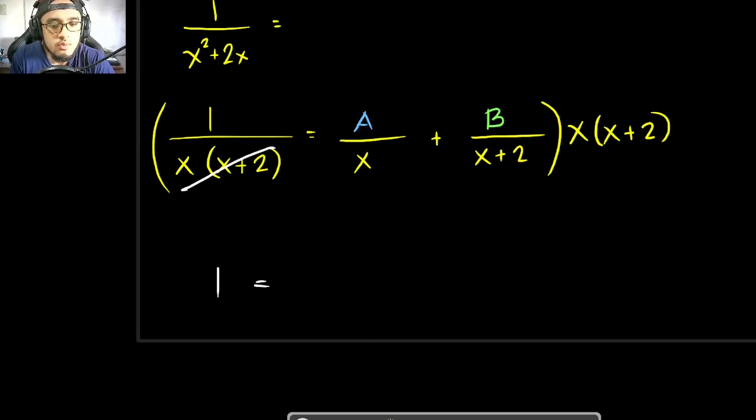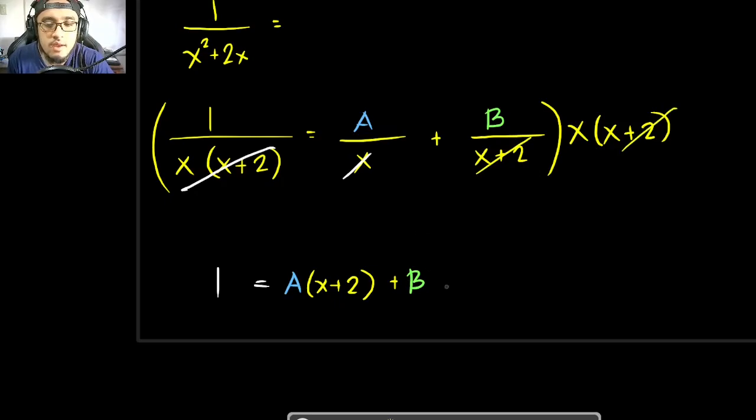What about this term? a divided by x times x plus 2, the x would cancel out, so this is now equal to a times x plus 2. And as for b, plus b times x times x plus 2 divided by x plus 2, this would simply cancel out, thus giving you an answer of x.